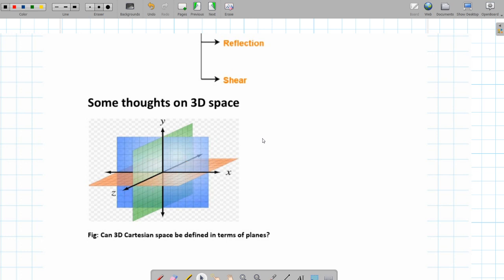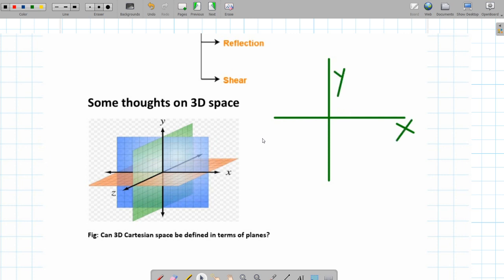And now the question is: can a 3D Cartesian space be defined in terms of planes? If you look into a simple two-dimensional coordinate system, two primary axes make your xy plane.